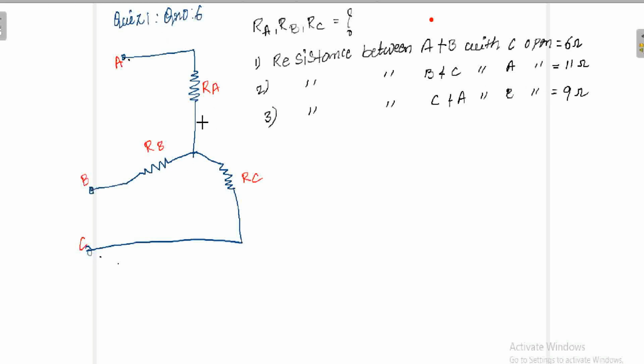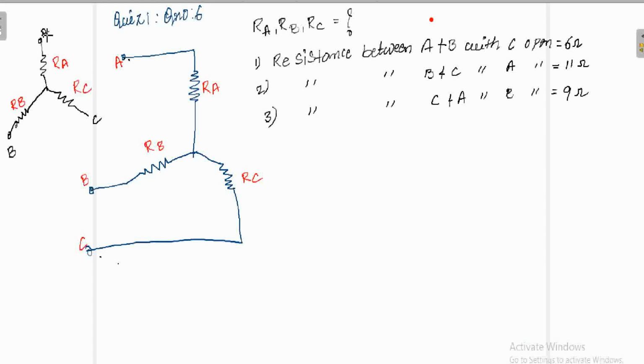You can draw the same circuit like this. This is point A, this is point B, this is point C, and this is your RA, RB, RC.